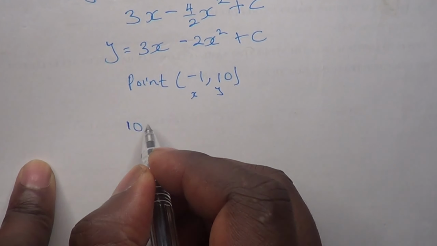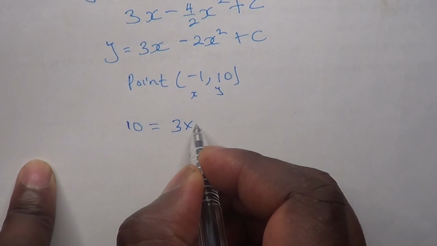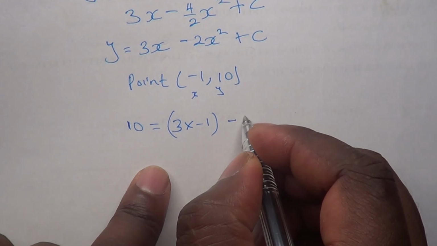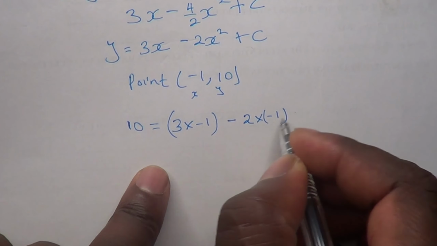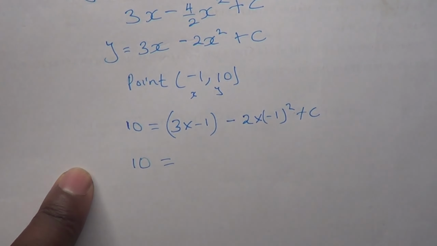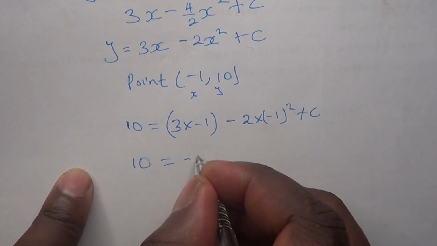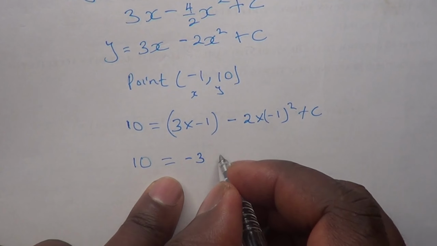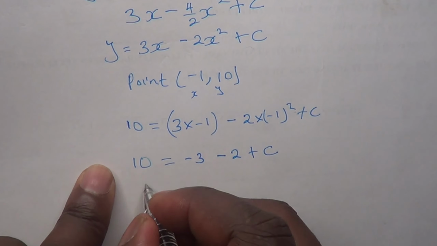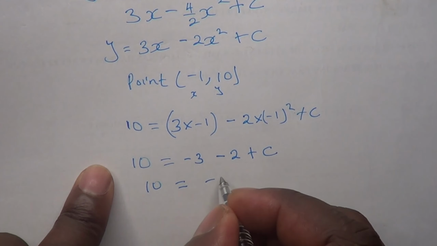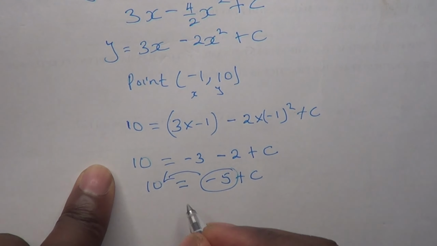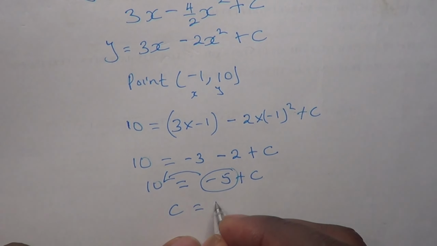Now it will be 10 equals 3 times -1 minus 2 times (-1) squared plus c, which is now 10 equals -3 minus 2 plus c. So here it will be 10 equals -5 plus c. Then this one comes to the left hand side. Now c equals 15.